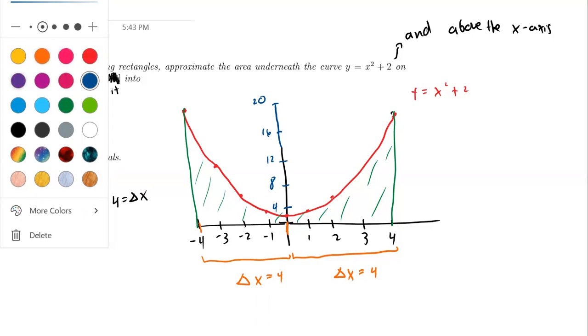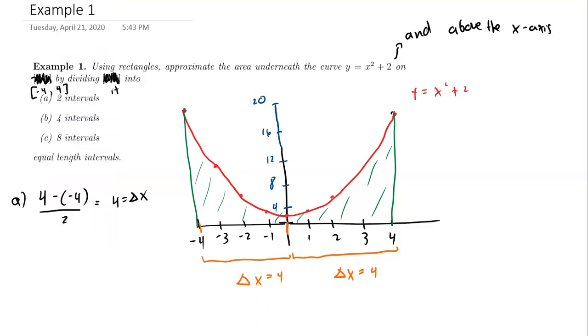So I'm going to go to -4, look at the function value there, that's 20, and that's going to be the height of my rectangle. Oh, that's not 20, it's supposed to be 18, because the function evaluated at -4 should be 18. So let me write 20 again here. It's going to be 18. Should go somewhere below, like that. And that's going to be my first rectangle. It's going to be this whole big thing here.